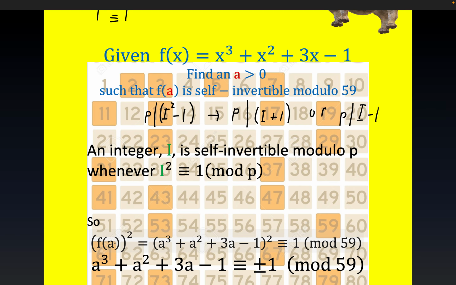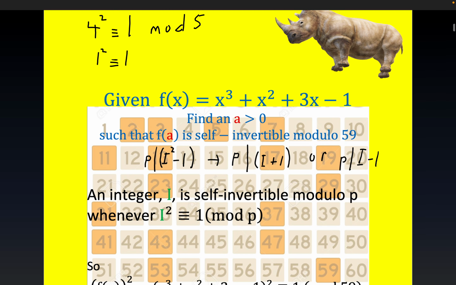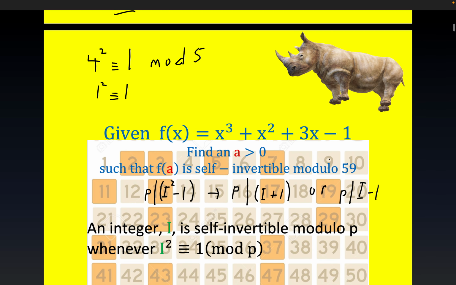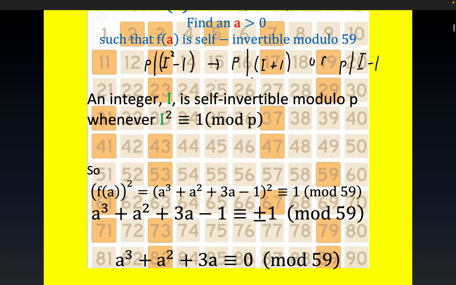Now f at a, it's all right in front of you. Based on this, you either get 1 or p minus 1. Again, I didn't prove this rigorously at all, but it's either 1 or p minus 1. In this case, p was 5. And it's like that for all other primes, and that's really behind part of the proof of Wilson's theorem, at least. Okay, the very same idea is being used right down here.